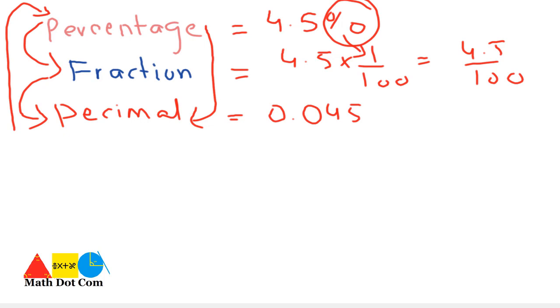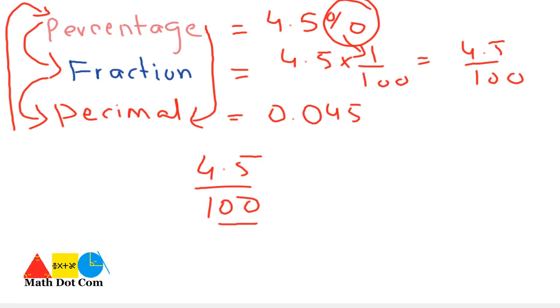And when we have a fraction, for example 4.5 over 100, how will we convert it into decimal? We will see how many zeros are here.